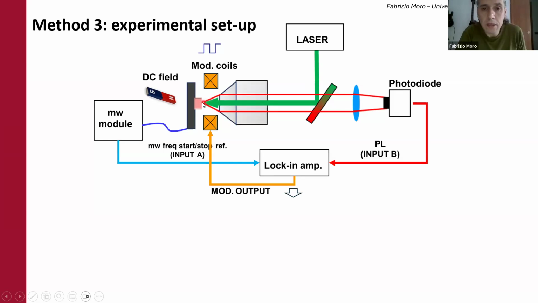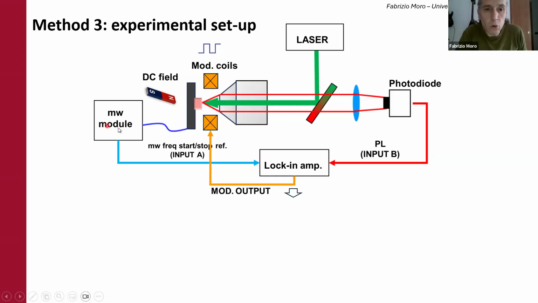The fluorescence emitted by the NV centers is collected by the objective and sent back to the photodiode, which gives the signal that is input into the lock-in amplifier, which then provides an output signal to the modulating coil placed in proximity of the crystal.